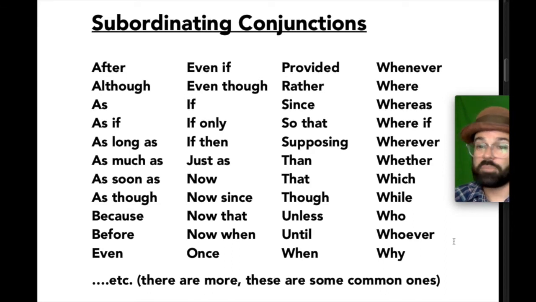So some of these subordinating conjunctions are actually little phrases within themselves, like as long as, or as much as, or if only. They would still be considered a single subordinating conjunction. So these are some subordinating conjunctions, and of course, they're important in dependent clauses, and so they're important in complex sentences. Let's see a few of these in action, shall we?